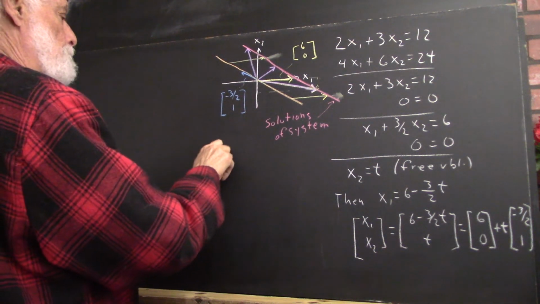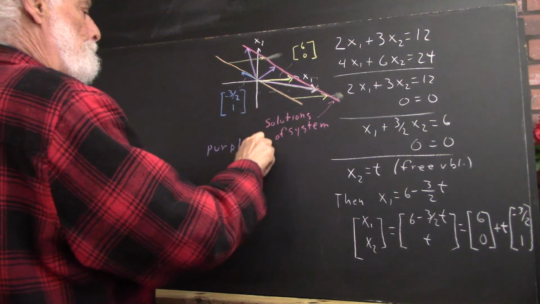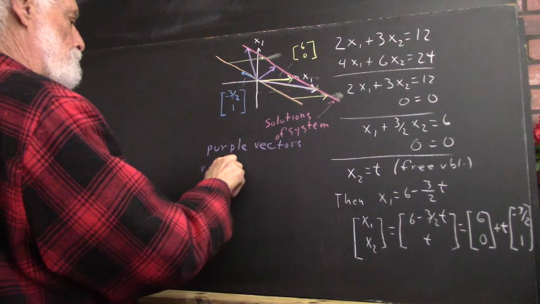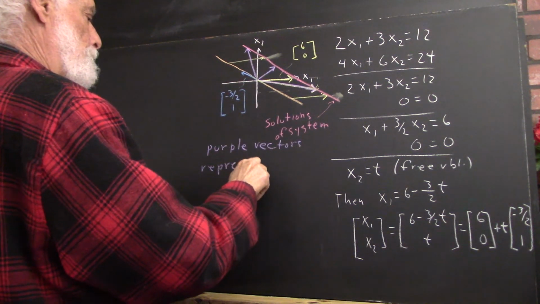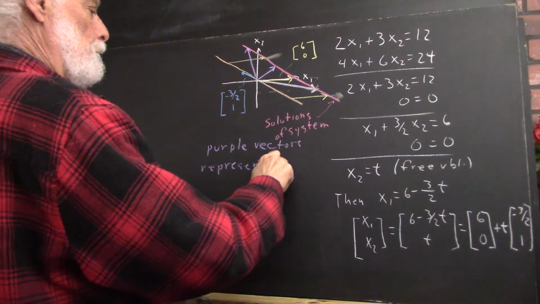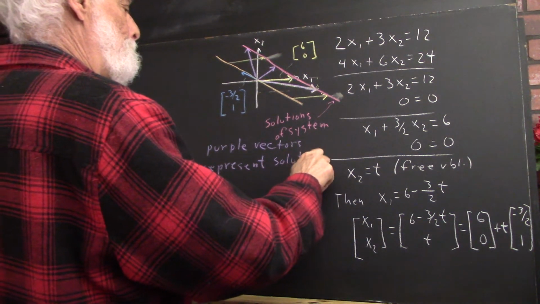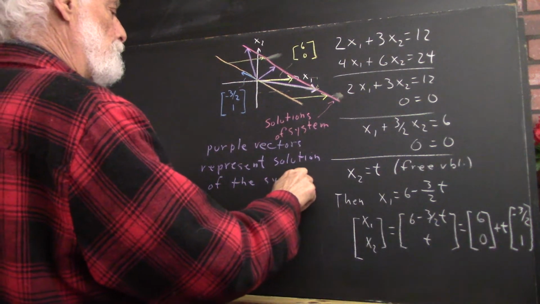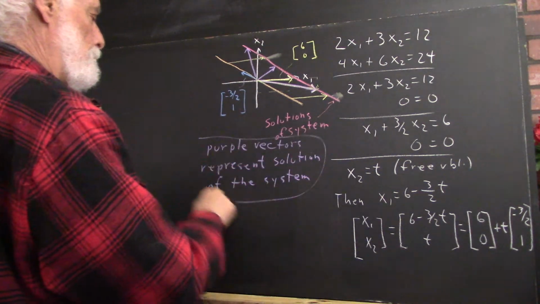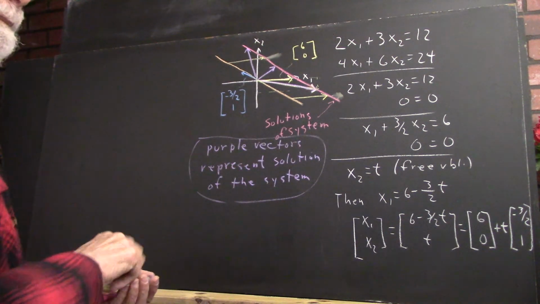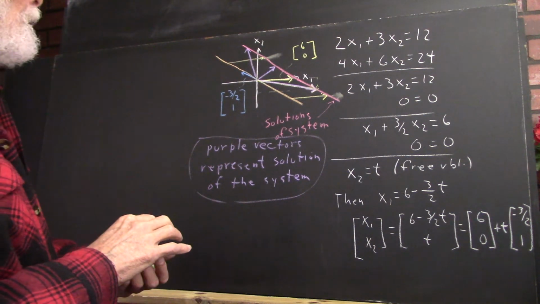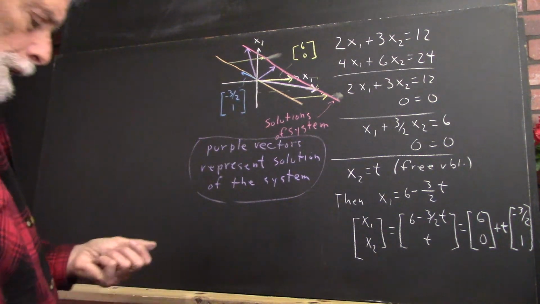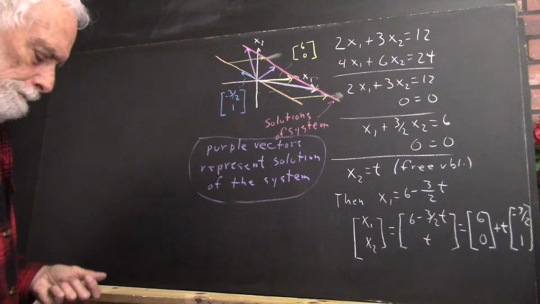So the purple vectors represent solutions of the system. Now, what about this orange line? Okay, hang on a minute.